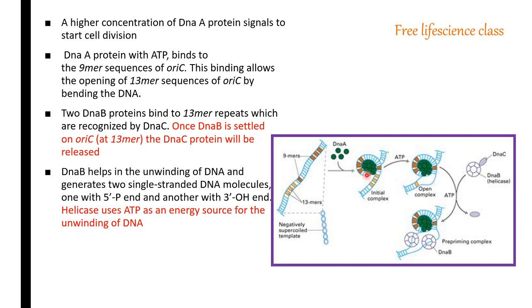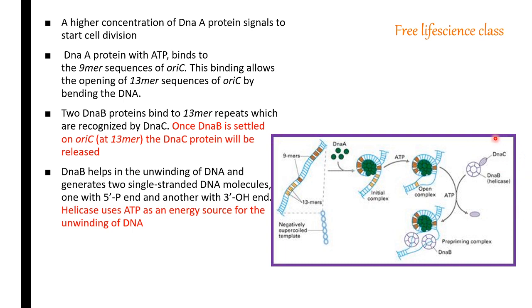Okay. So when this open complex is formed, that is, when this DNA gets opened, what happens? DnaC recruits DnaB. We already said that DnaC brings DnaB to the origin of replication.